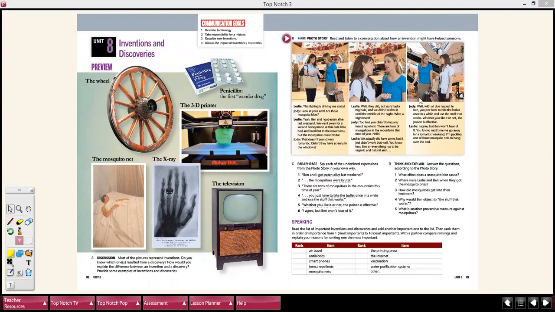And the discovery is when something already exists, but it doesn't have a classification or a usage or something. I gave you the example of the fire. It was already there, but until people use it to cook or to get light or something, that's the discovery.